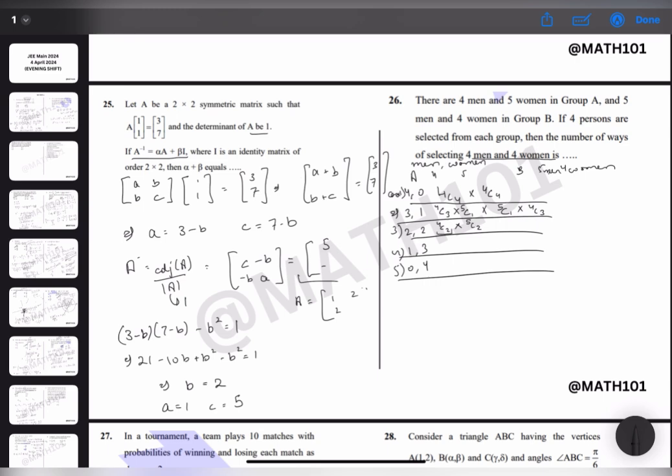This is choosing 2 men from group A, 2 women from group A, into 2 men from group B and 2 women from group B. Similarly, 4C1 into 5C3 into 5C3 into 4C1, and 4C0 into 5C4 into 5C4 into 4C0.